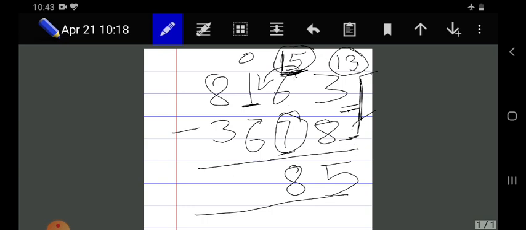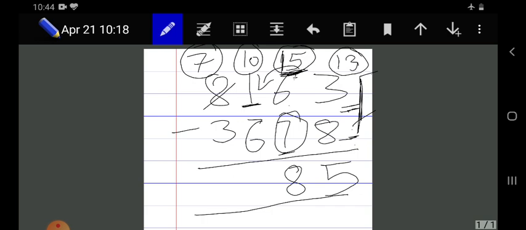Now moving to the next, it is 0 here, and we have to subtract 6. Can we subtract 6 from 0? No. That means 0 also needs to carry from the previous number, that is 8. After taking out 1 from 8, it will become 10, and the 8 will become 7.